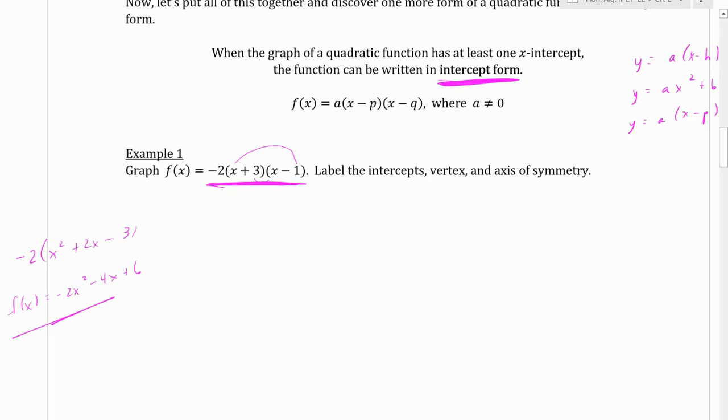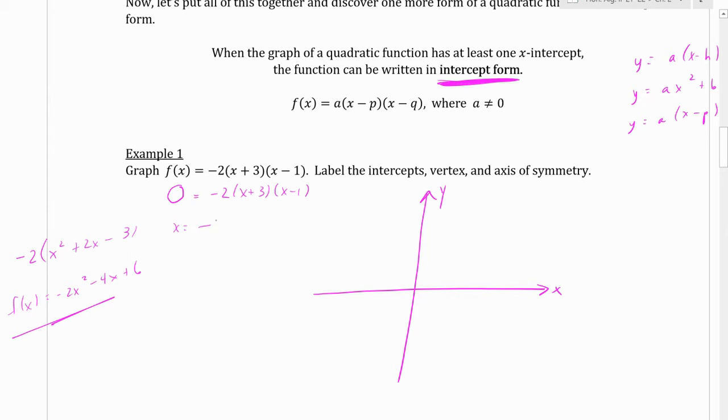But the form it's in right now is awful handy because if I did want to just look at it and say, okay, what if I set it equal to 0? Then the x values that make this equal 0 are -3 and +1.